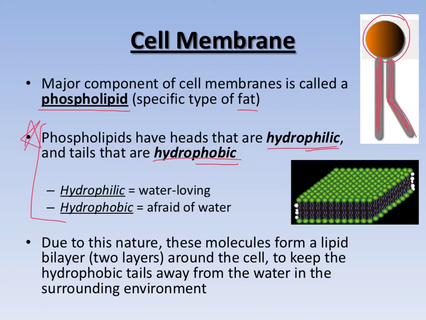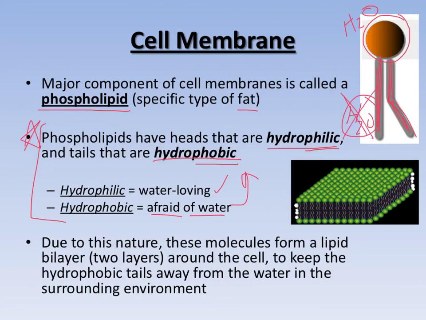Hydrophilic means that they love water. So the head region of one of these phospholipids really likes water, or is attracted to water. Whereas the hydrophobic, or water-fearing, tails do not like water at all.